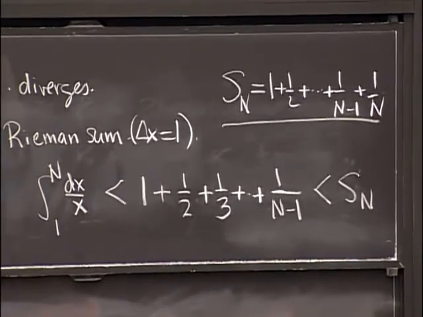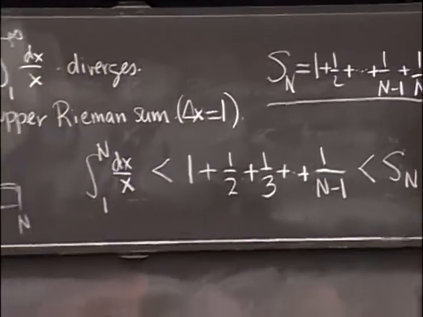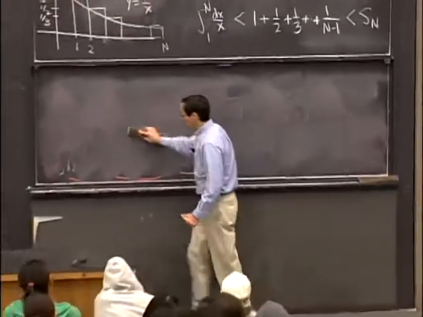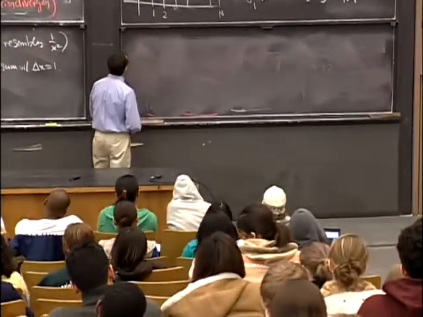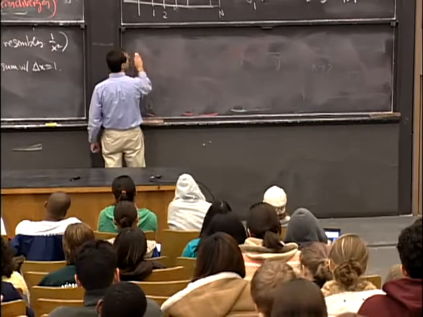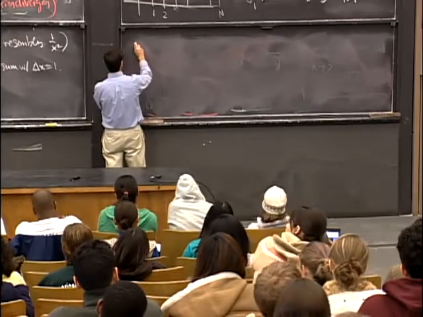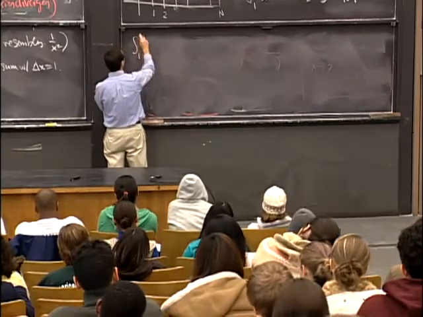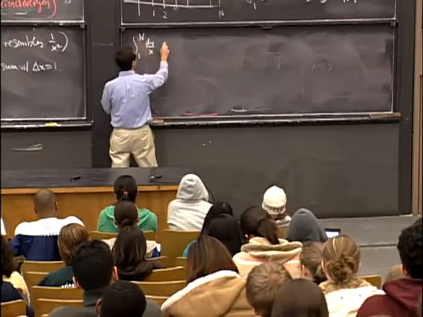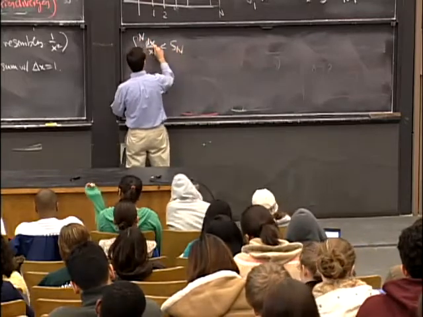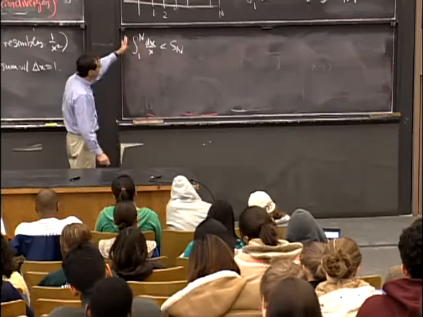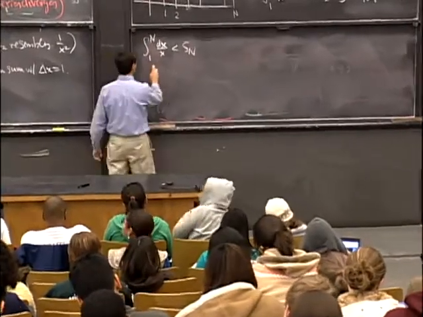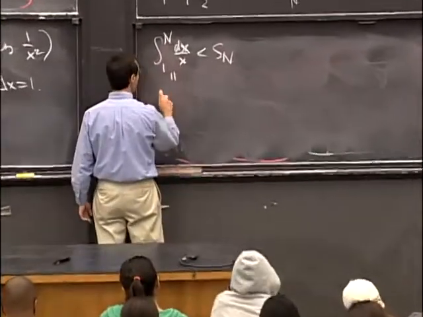Now this is going to allow us to prove conclusively that the sum diverges. Why is that? Because this term here we can calculate.